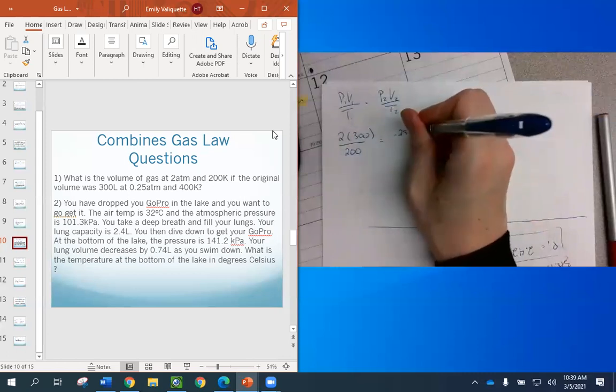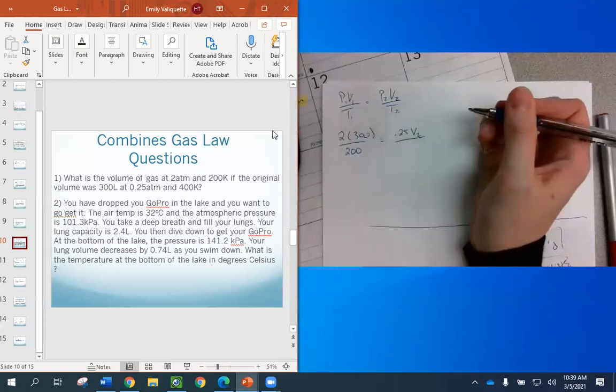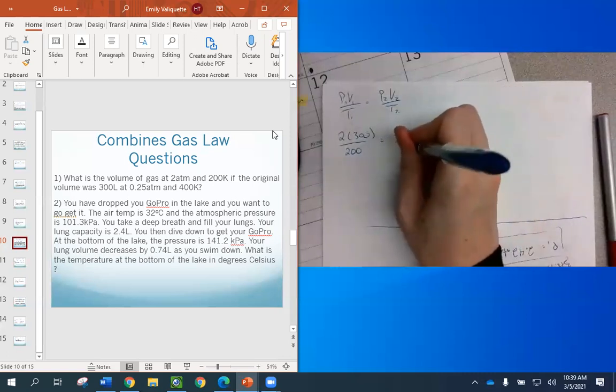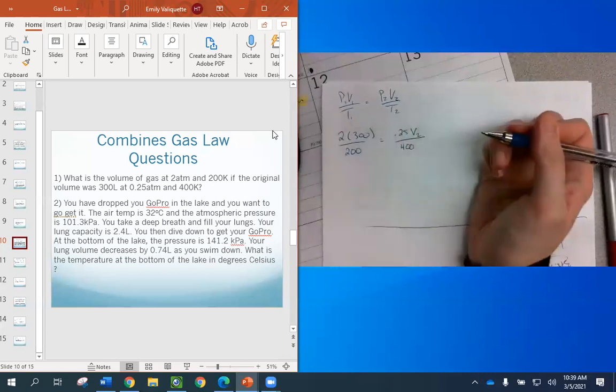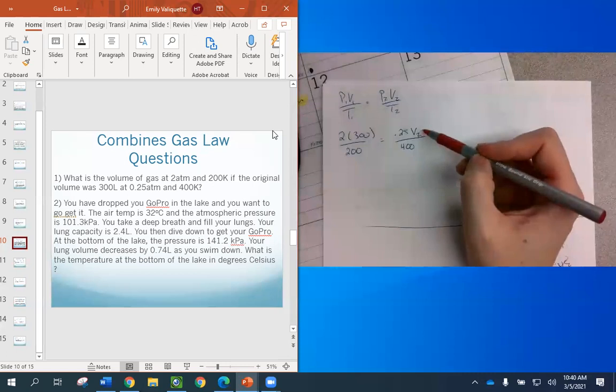I'm looking for my V2, and my second temperature is 400 Kelvin. Again, there's a couple different ways that you can solve this. You can cross multiply, you can solve algebraically. I'm going to solve algebraically. Again, that's the way I find easier when the variable I'm looking for is on the top.